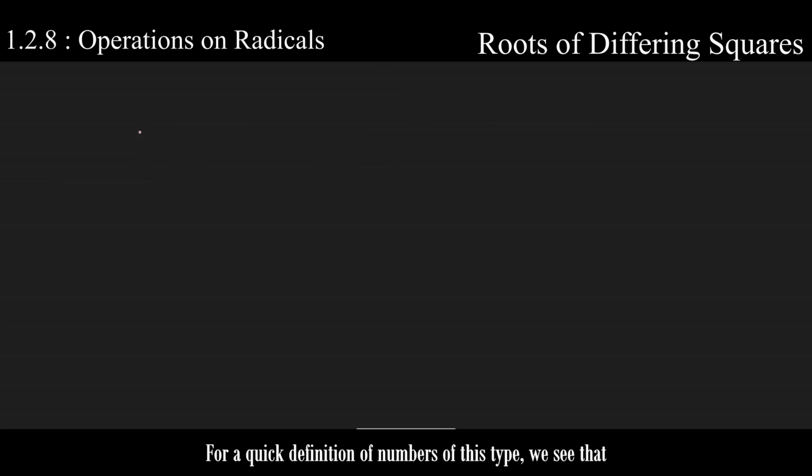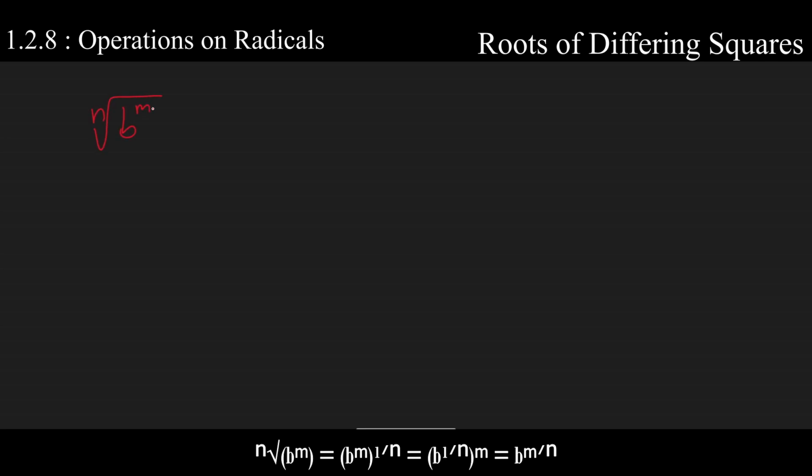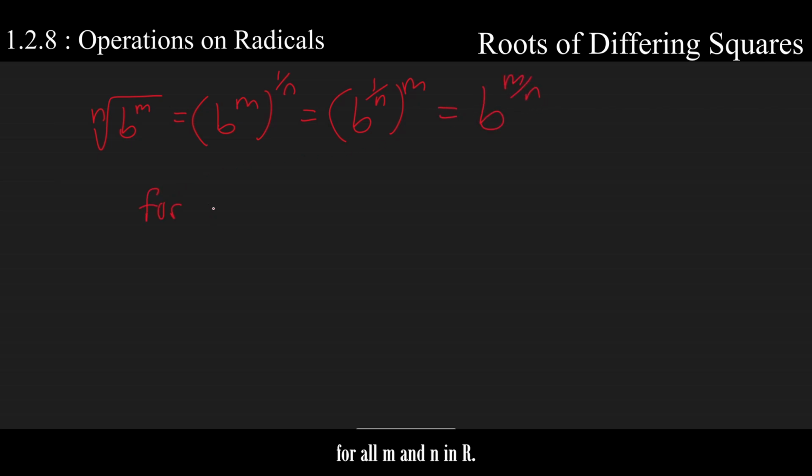For a quick definition of numbers of this type, we see that the nth root of b to the m equals b to the m to the 1 over n power, which equals b to the 1 over n power to the m power, which equals b to the m over n power, for all m and n as elements of the real numbers.